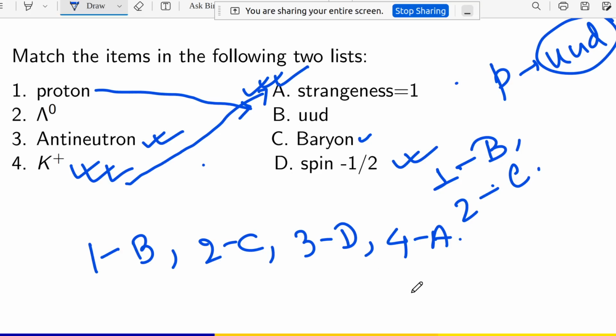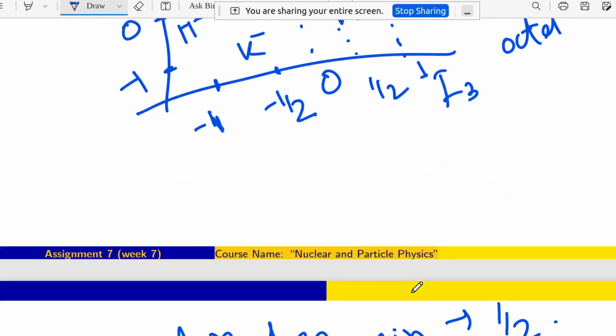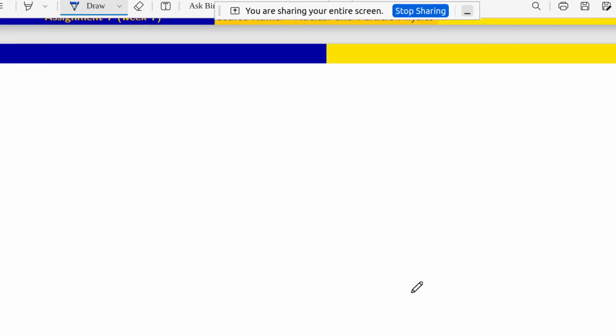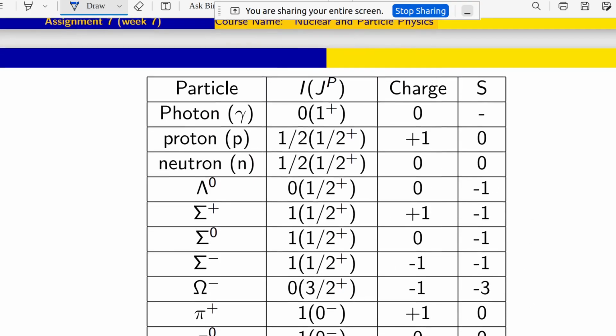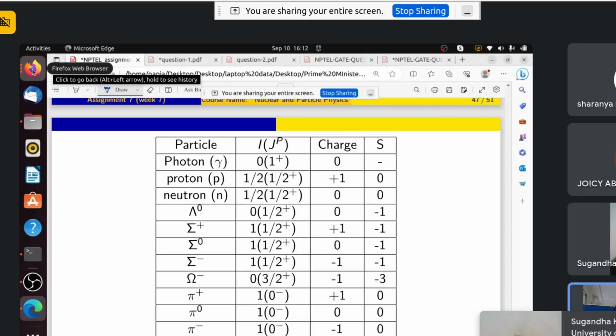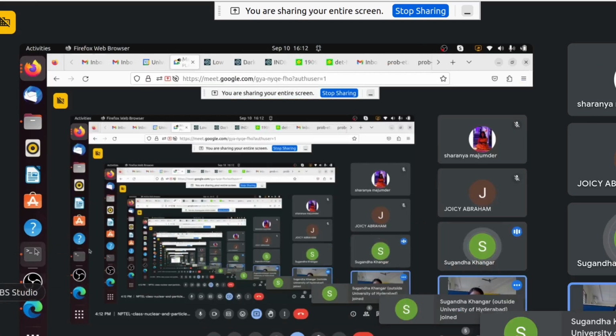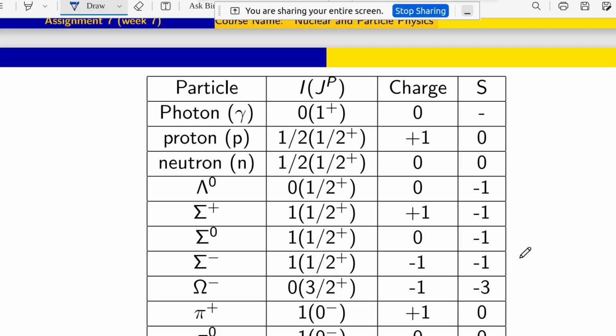Okay, so I think all the questions are understandable by all of you. I'm just going to show you this one. I think I have already shown you this previously also. This is the particle content: I, J, P, charge, all these things are there.